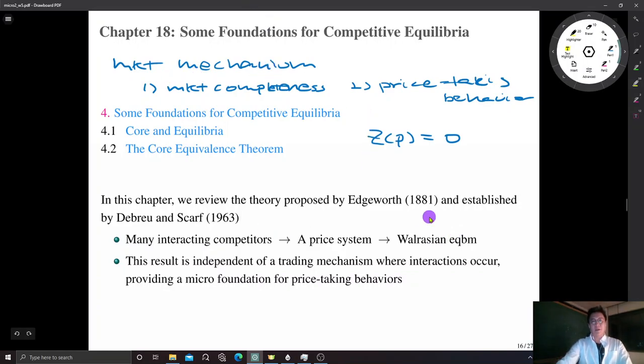But surprisingly, this idea of interaction, in the end, leads us to a socially desirable allocation through the formation of a competitive price system. That idea was proposed by Edgeworth and established into theory by Debreu and Scarf in 1963. In that theory, we don't need any specific trading mechanism.